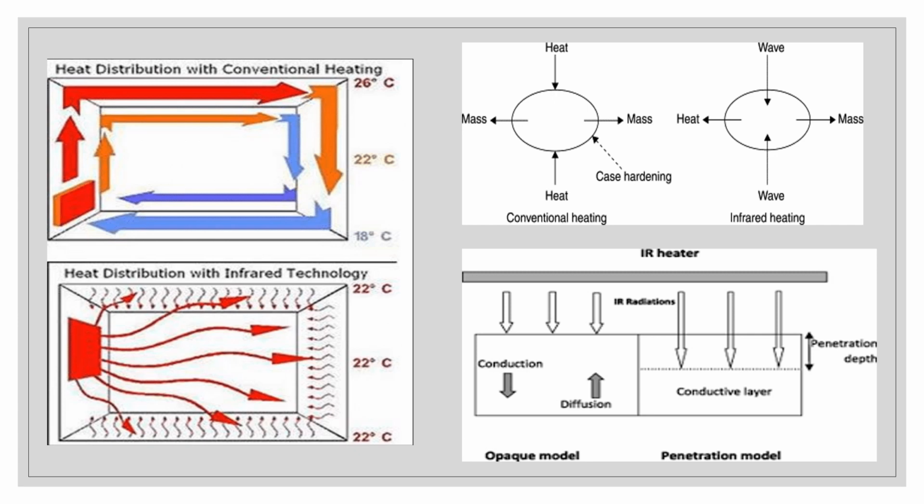Whereas in infrared heating, when the waves are incident on the food product, there is transfer of both heat as well as mass, which results in uniform heating, and the problem of case hardening does not occur. And the image below it shows that the penetration of infrared is limited to a certain depth, and it does not penetrate to the core of the food product.